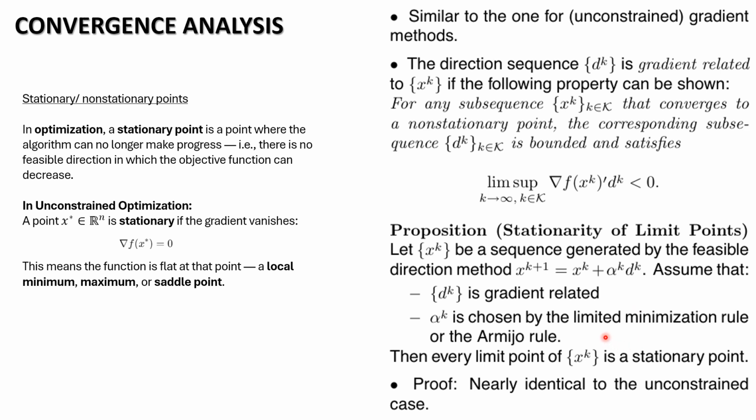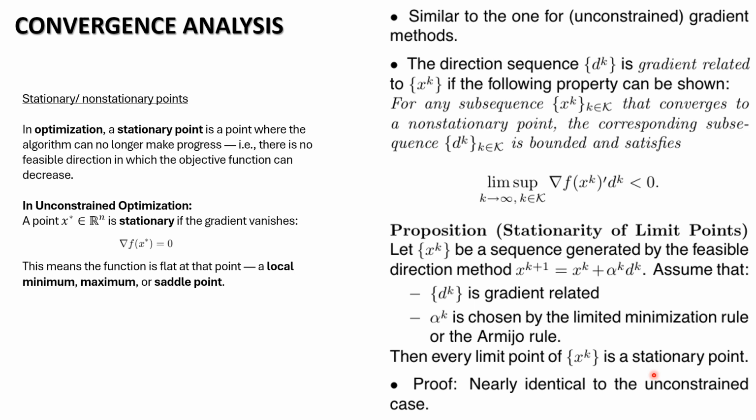Alpha k is chosen by the limited minimization rule or the Armijo rule, a backtracking line search satisfying the sufficient decrease condition, and then every limit point of xk is a stationary point.